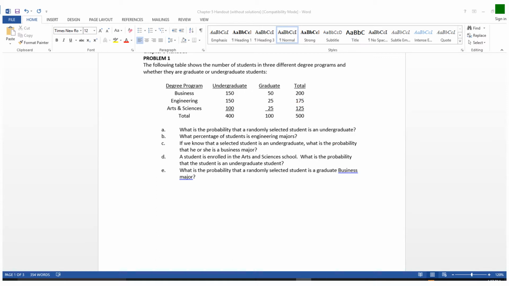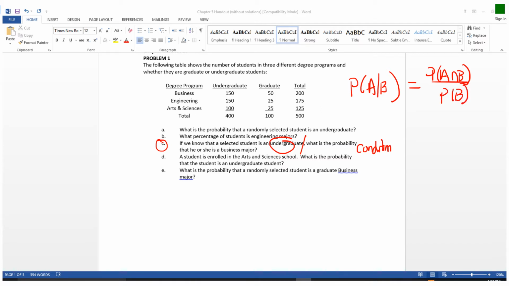Okay, now look at letter C. Label this one. This is going to be a conditional probability. And let's read this. It says, if we know that a selected student is an undergraduate, stop right there. That's the given condition, which, as you remember, is the probability of event A given B, and the formula is A intersect B over the probability of B, but the idea is it's going to be joint probability divided by the marginal probability.